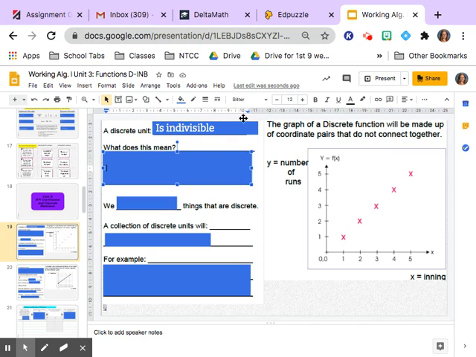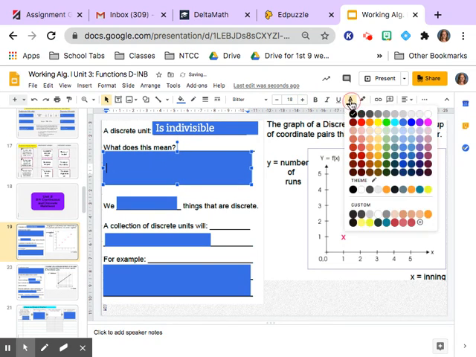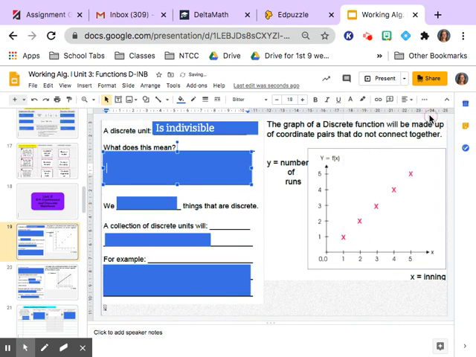So what does this mean? What does this mean? The unit cannot be divided.